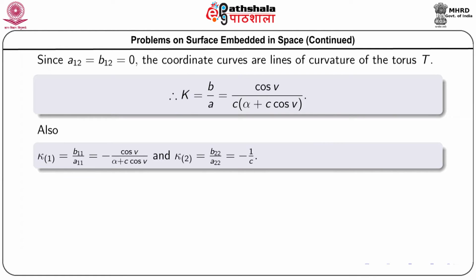And also the principal curvatures, kappa 1 and kappa 2, have these values: B11 by A11, that is equal to minus cos v by alpha plus c cos v, and kappa 2, the principal curvature, equals B22 by A22 equals minus 1 by c.